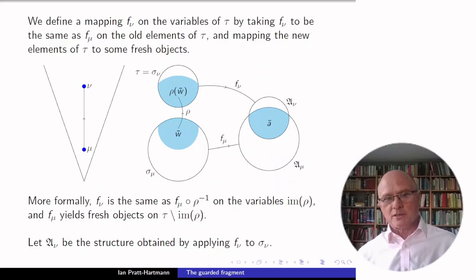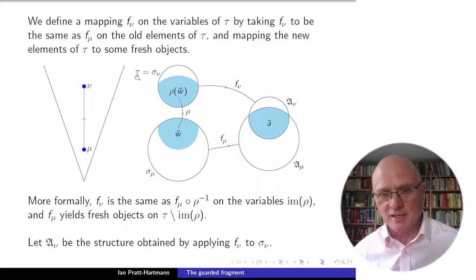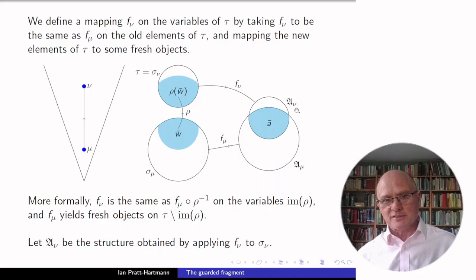Okay, so what I've now got to do is define this structure A nu, because I've defined sigma nu, that's witness type tor. So what do I do? Well, if we've got an old element of sigma nu, that corresponds to some element of sigma mu, and that will be mapped by the isomorphism f of mu to some element of this structure here.